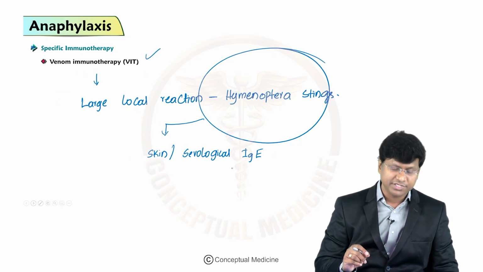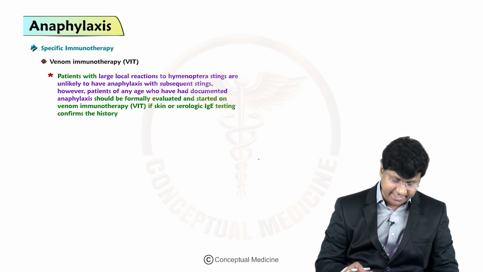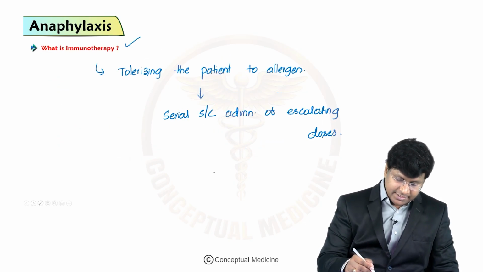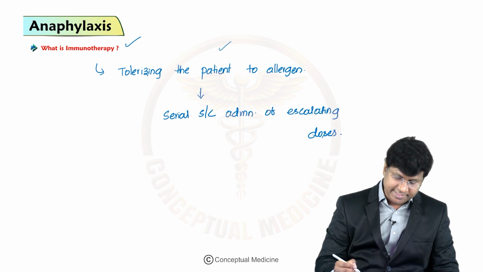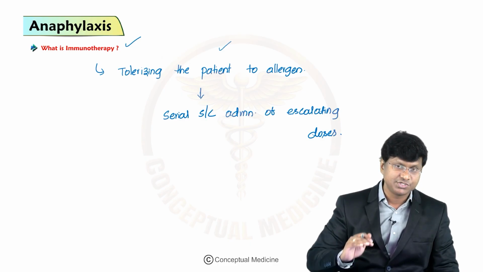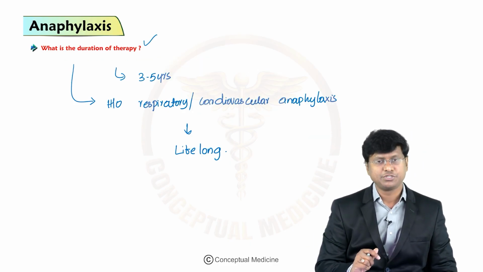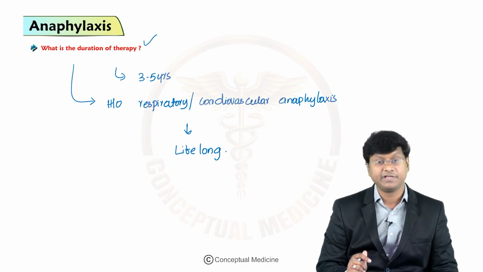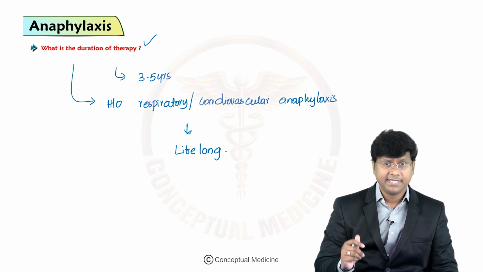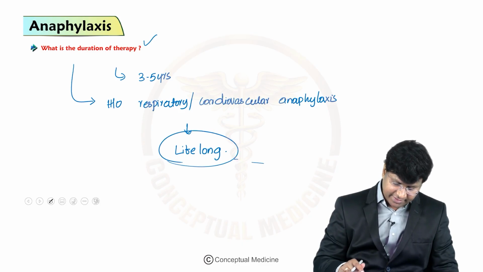Venom immunotherapy should be given to those individuals who had large reactions with Hymenoptera stings. Immunotherapy tolerizes the patient to the allergen by serial subcutaneous administration in escalating doses. The duration of immunotherapy is almost 3 to 5 years, and those individuals who had cardiac or respiratory anaphylaxis require lifelong therapy.